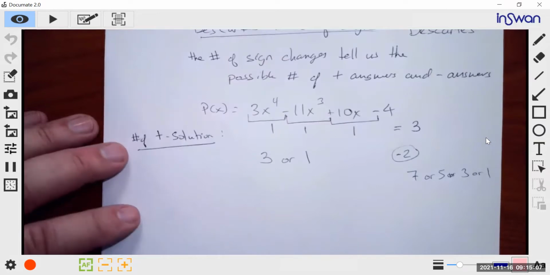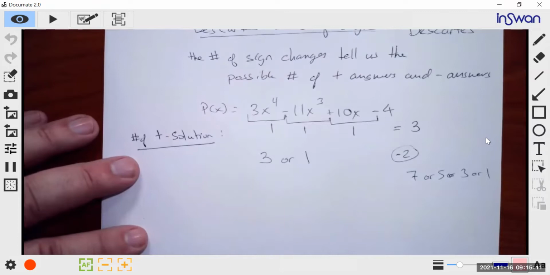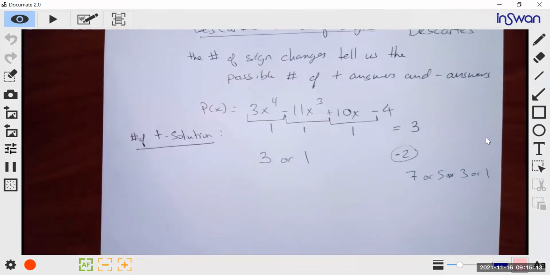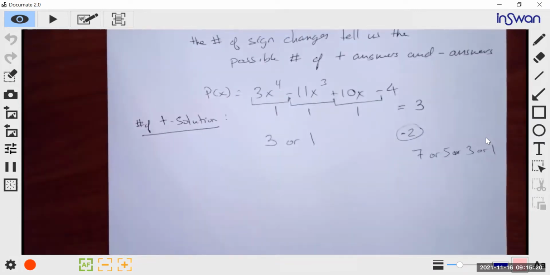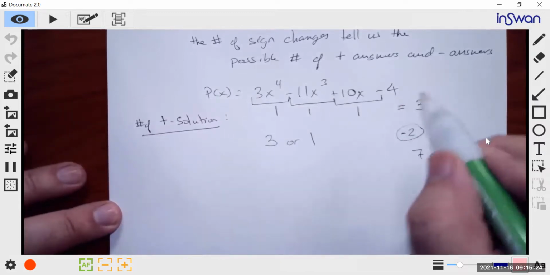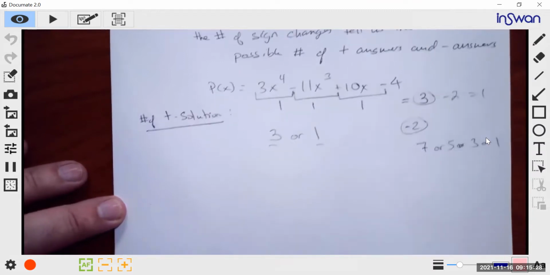Think of conjugate pairs. If the answer is imaginary, it has to have its conjugate pair. So we lose 2 possible answers. So we can have 3 or 1 positive answers. So far, so good? Because it's the number of sign changes. Whatever we have here, can you subtract by 2? There's your possibilities.